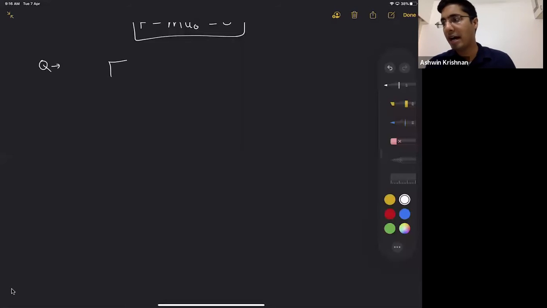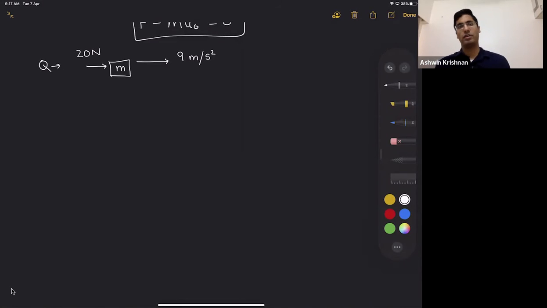There is a body of mass M moving at 9 meters per second square due to the action of force 20 Newton. Okay, this is the body. Now, three people are watching this body.